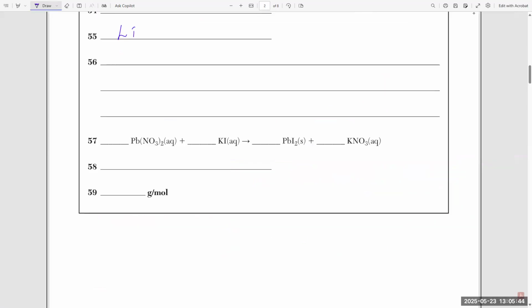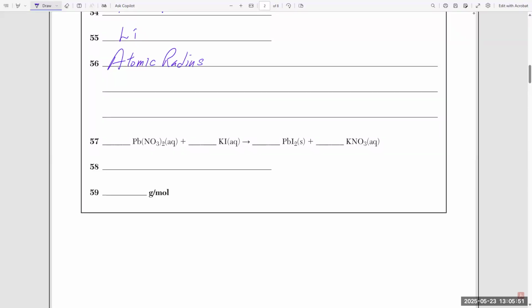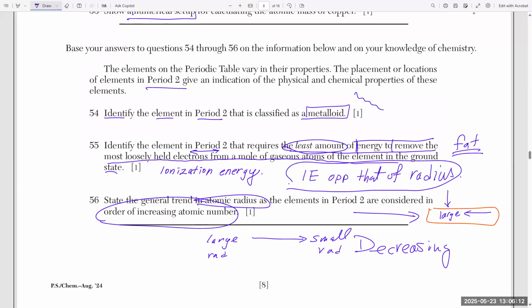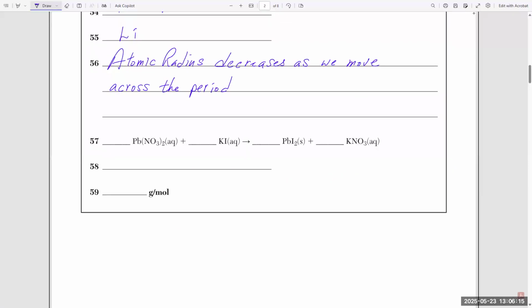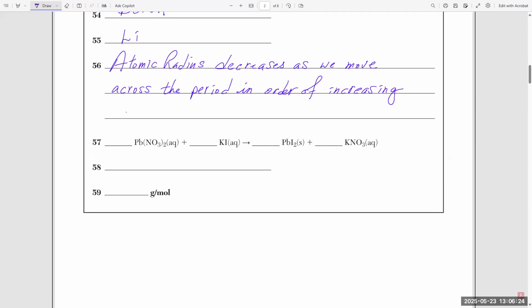So you'd say atomic radius decreases as we move across the period, in order of increasing atomic number.